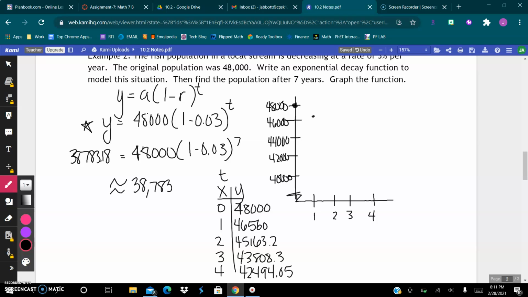After 2 years was 45,000. After 3 is 43,800. And 4 years is 42,400. So you can see it's starting to slow there. This is a decay, so it's going down.